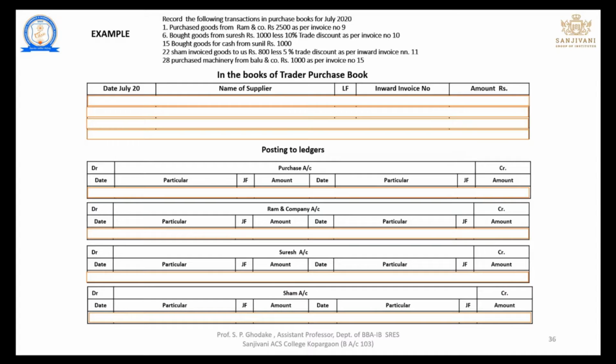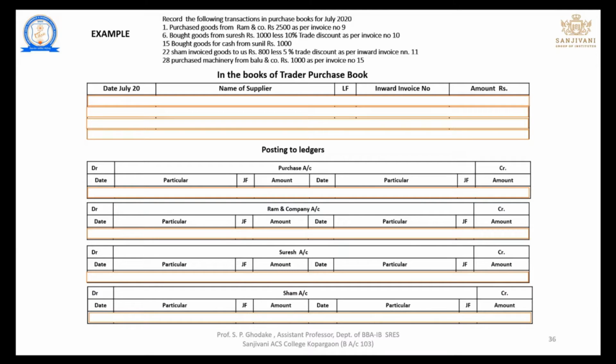Now here we have to do two things. First, we need to prepare a purchase book of the given trader, and along with that we need to post them into the different ledgers. As we have already learned the ledgers, with the debit and credit side, each transaction has two effects, debit and credit.